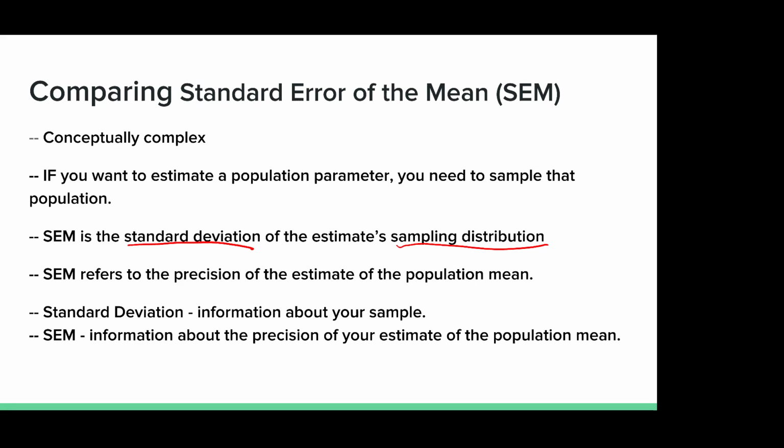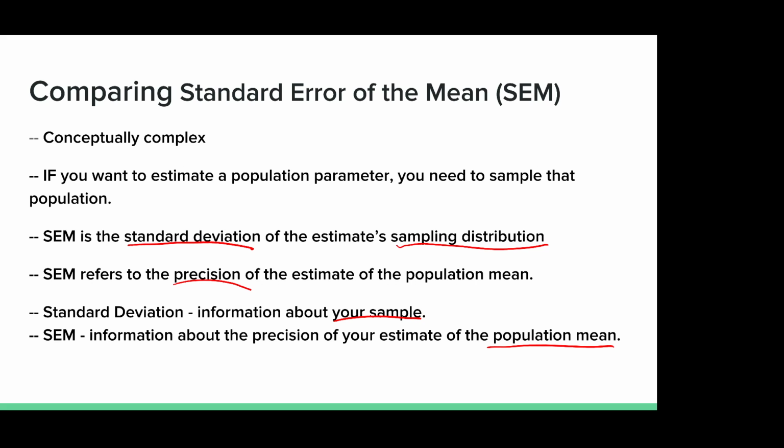So it's an estimate of all of the sample means that should be obtained. So the SEM refers to the precision of the estimate of a population mean. They both kind of refer to precision. Standard deviation gives you information about your sample. SEM, standard error of the mean, gives you information about your population estimate. And I shouldn't have said population mean, I should have said any population parameter. It's just that mean is the most common.